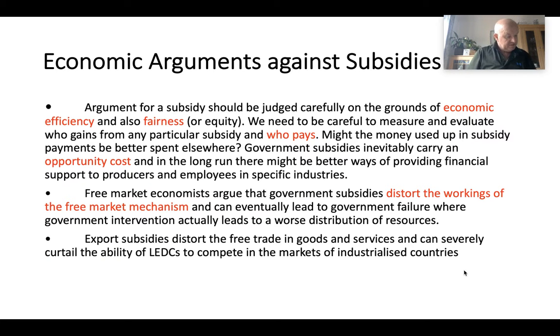So the next thing we're going to consider then is the economic arguments against subsidies. Okay, so essentially we're talking about evaluating whether subsidies are a good idea or a bad idea.